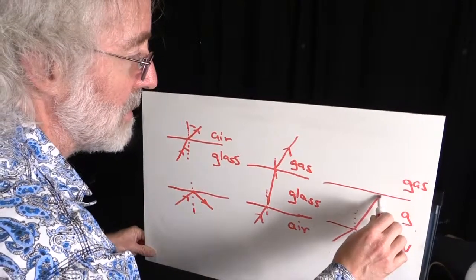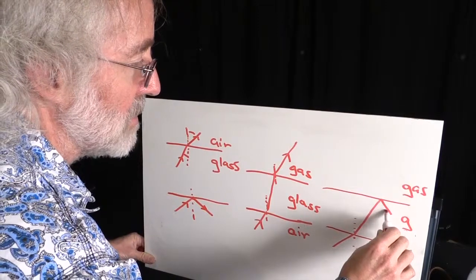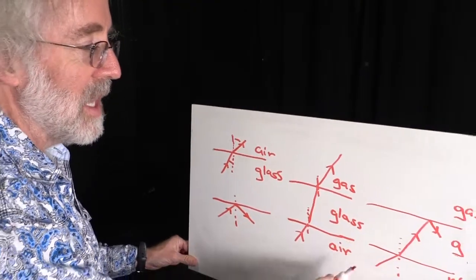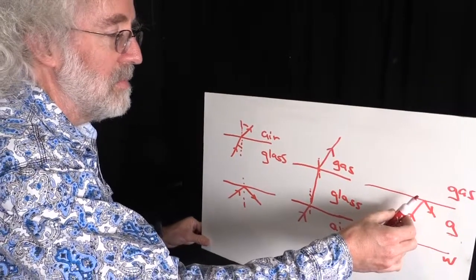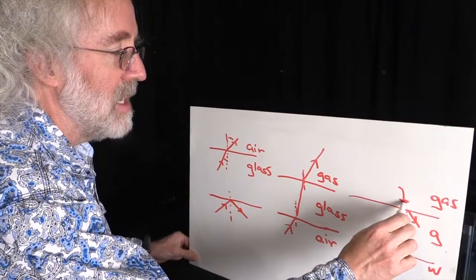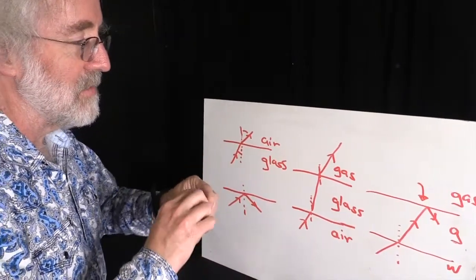And as a consequence, when it hits this surface, I might meet the condition for total internal reflection. And so the ray of light bounces backwards, and so the light won't get inside the bulb. It'll bounce back, and so I'm going to have what looks like a mirror reflection at this surface. I can have the conditions for total internal reflection.